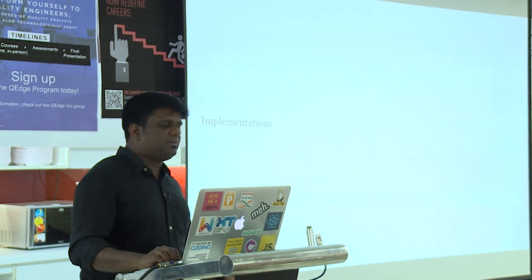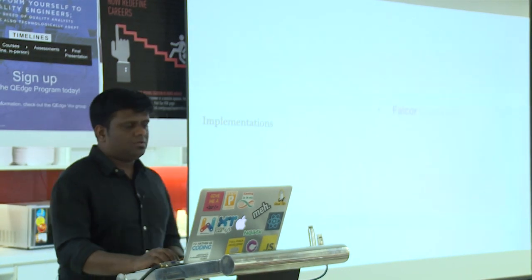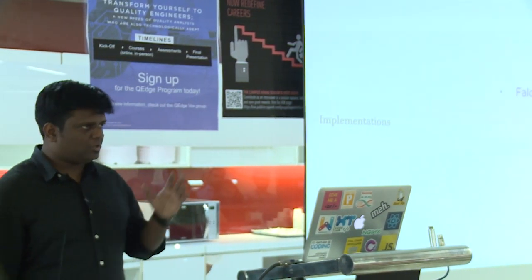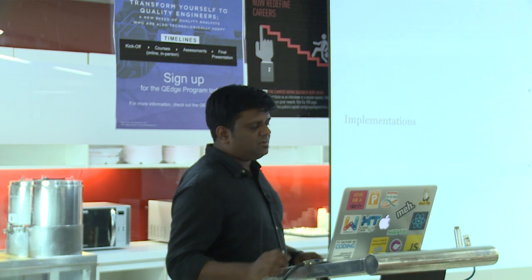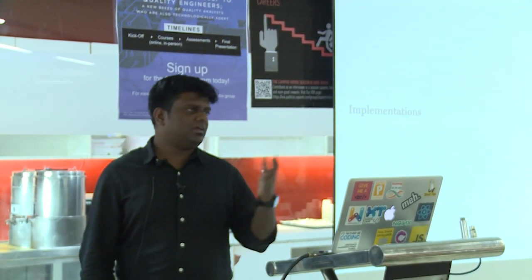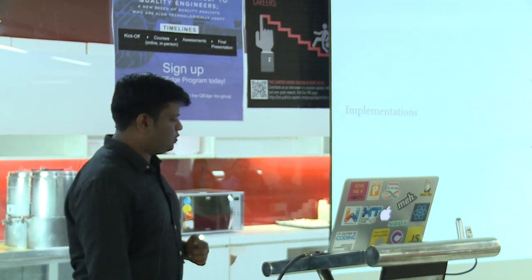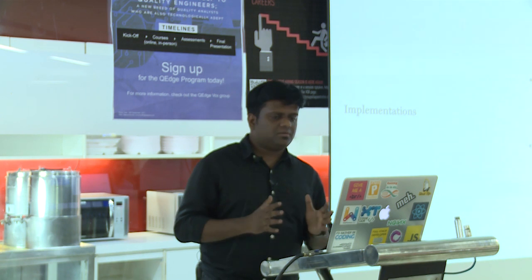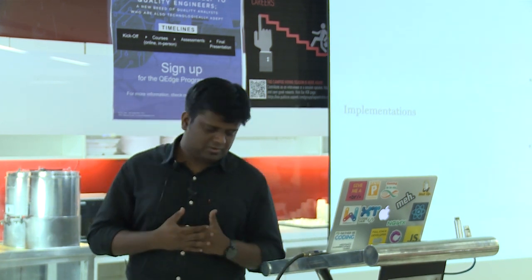So what are some of the implementations that are available as of today? One is Falcor, which was released by Netflix in 2011. And the other is GraphQL, which was released in 2015, but it was actually developed by Facebook in 2012. If I have to talk about these two implementations, we chose GraphQL for a particular reason.